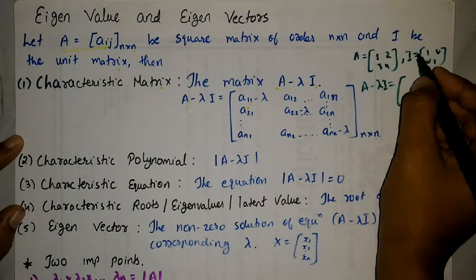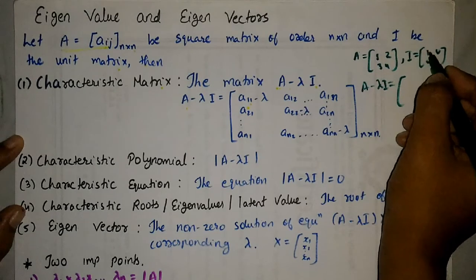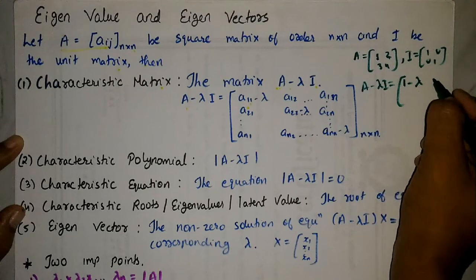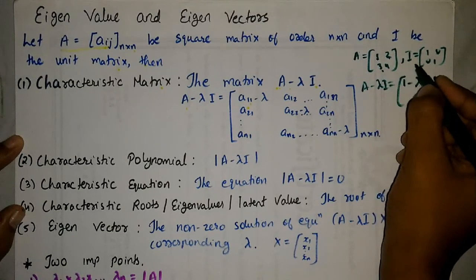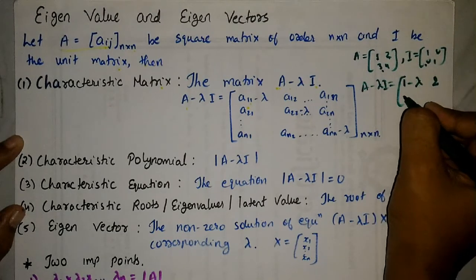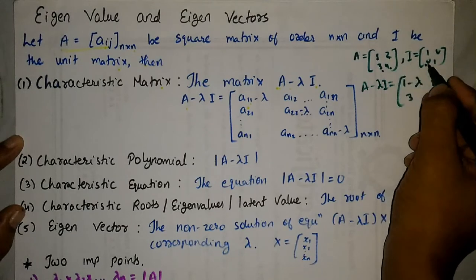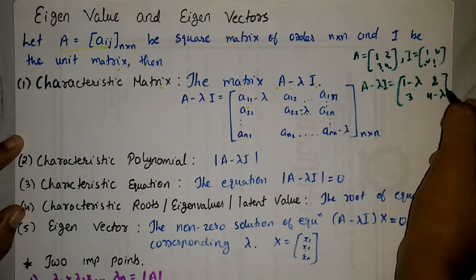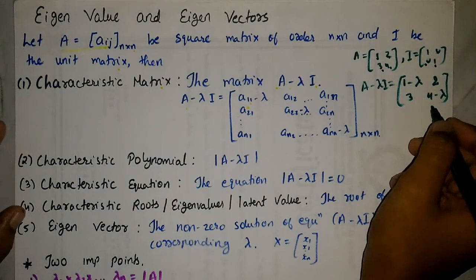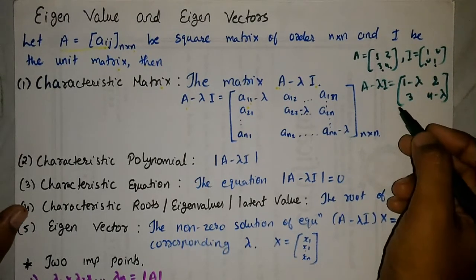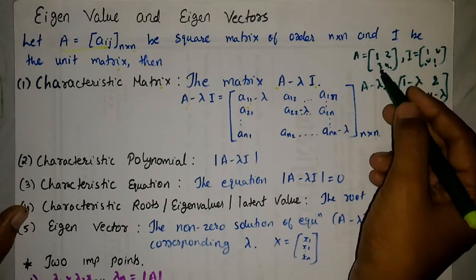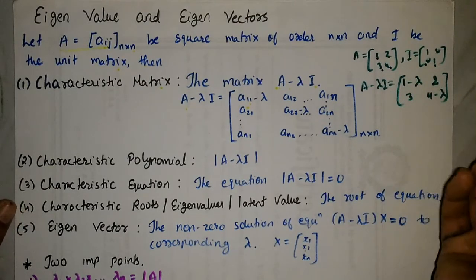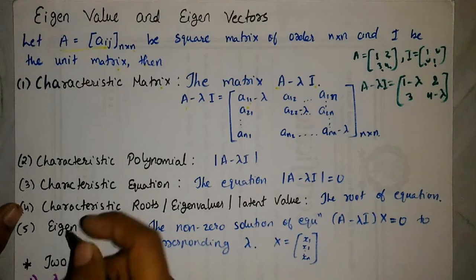With 1, if we multiply by lambda, it will be 1 minus lambda, 2 minus lambda into 0, which is 2, 3 minus lambda into 0, which is 3, and 4 minus lambda into 1, which is 4 minus lambda. So this will be our characteristic matrix for A equal to 1, 2, 3, 4. This way we can find it for 3 by 3 and 4 by 4 matrices.